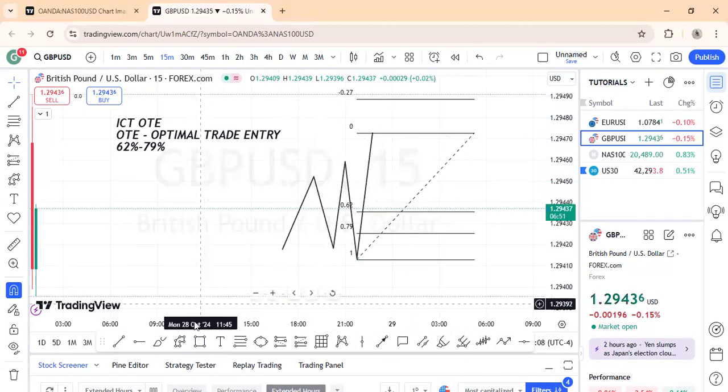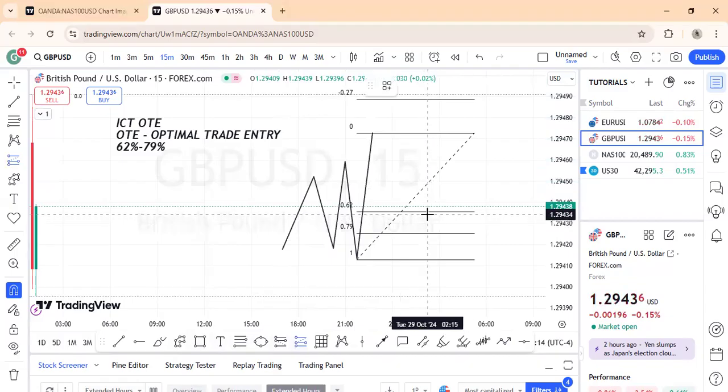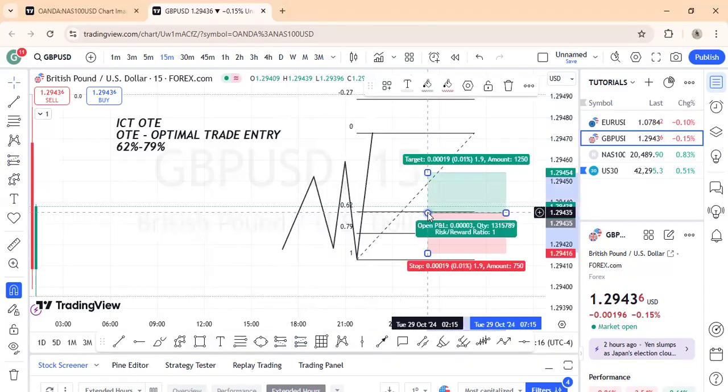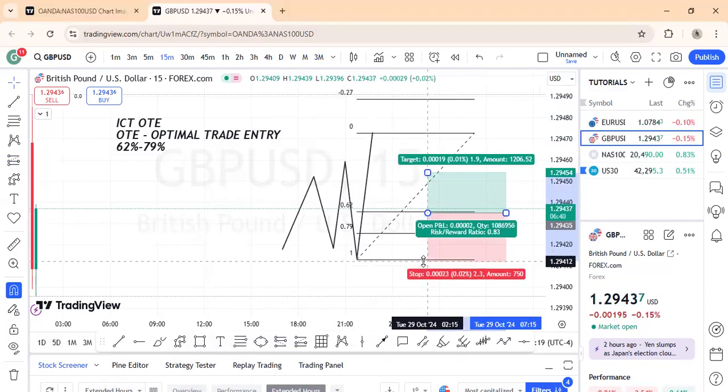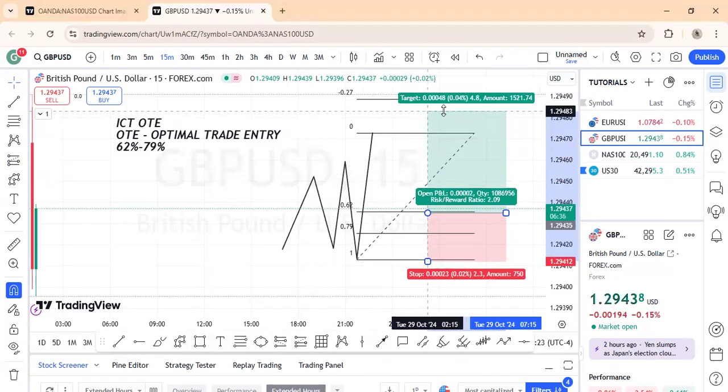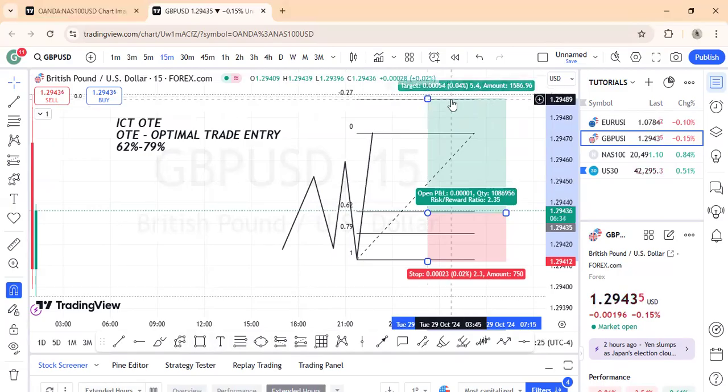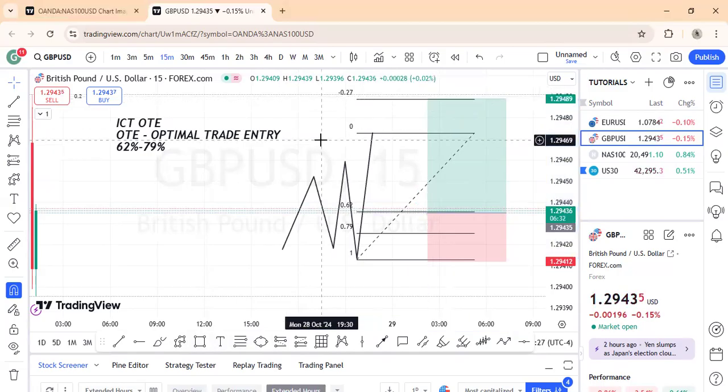If you bring out your risk reward tool, your long position, I placed on the 62% level here, with the stop loss below here. This minus 0.27 gives you roughly 1:2.3, so that level is a profit taking level.